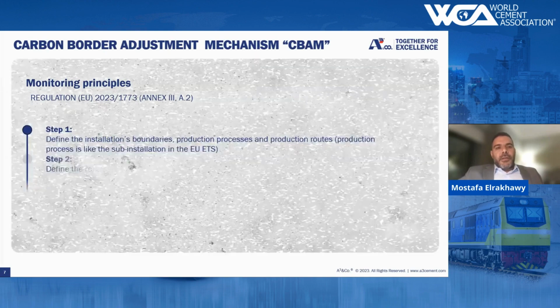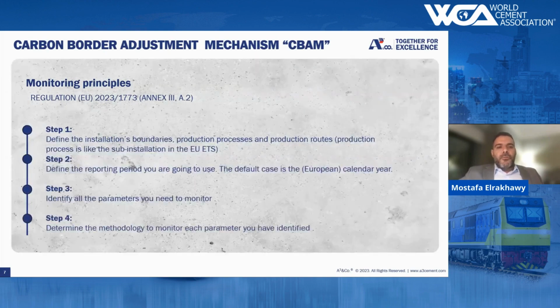Okay, what should cement plants start doing now? The European Commission and tax authorities put several regulations and guidelines on how cement plants should calculate their emissions to comply with CBAM. For monitoring, reporting, and verification purposes, there are a lot of guidelines.